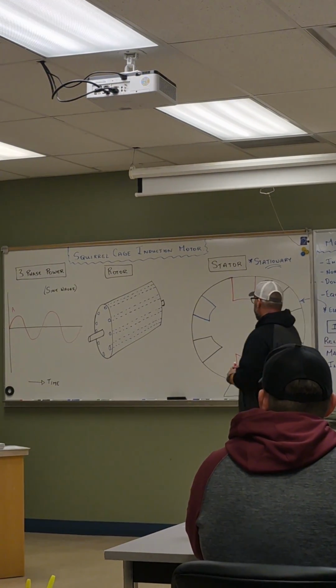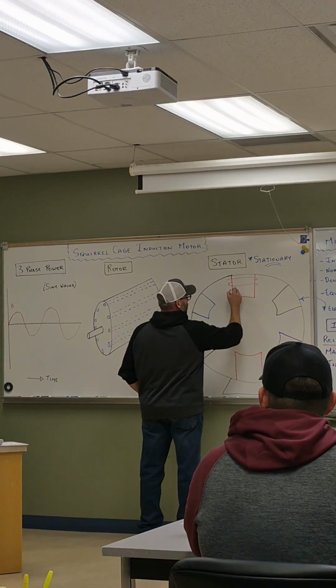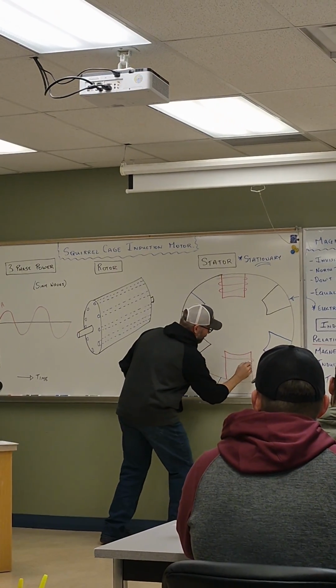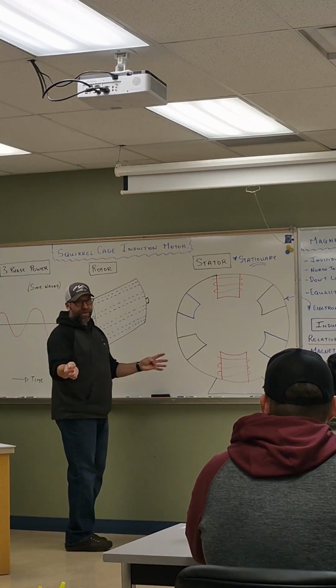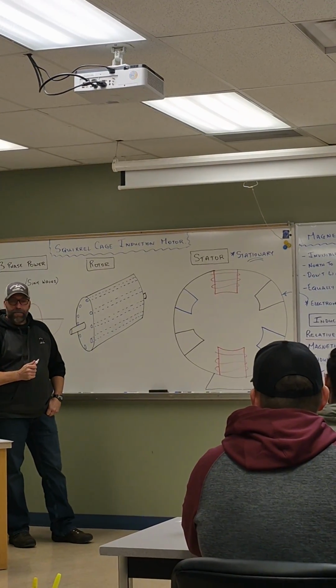When I say wrap it around, I literally take a piece of wire and wrap it around these poles, just like that. Then that piece of wire comes down here and carries on, does its thing. Then this end comes out and ties to the other end, all of them, and becomes a wye-connected system. Don't worry about that. But here's the cool part.